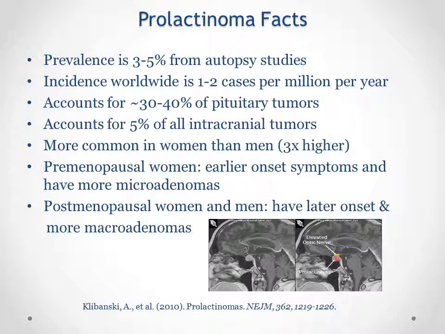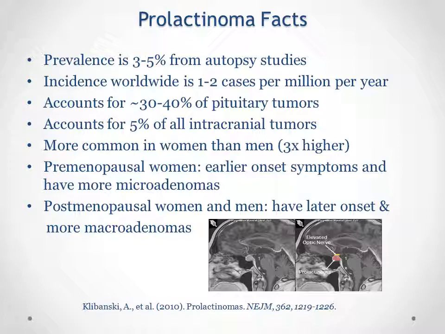Here are some brief facts about prolactinomas and the epidemiology and prevalence. As you can see from autopsy studies, it's almost 3 to 5%. The incidence worldwide is 1 to 2 cases per million per year. And prolactinomas account for almost 30 to 40% of all pituitary tumors and 5% of all intracranial tumors.